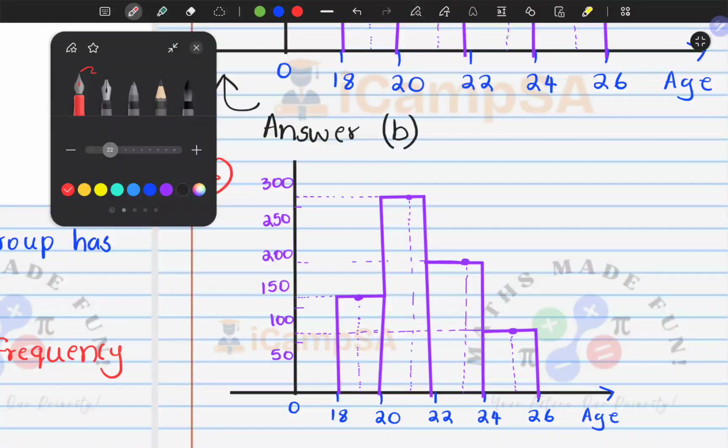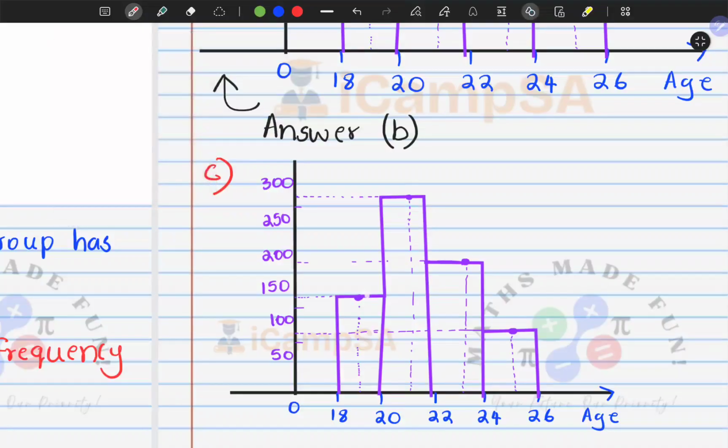I'm going to use a red one. So I'm going to connect that and that. And then this and this. And then this and that. Okay. So that is about what we have. And I hope that this does make sense. So lastly, at 18, we are just going to go and put it down. Okay. Just going to go down like that.